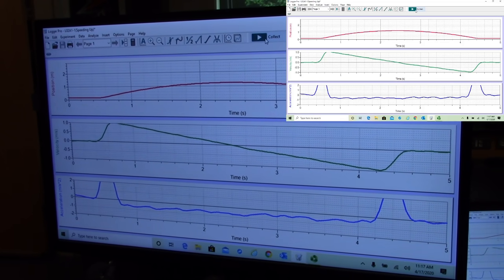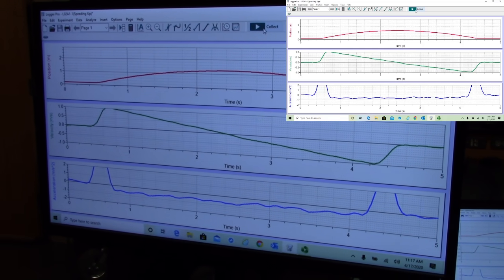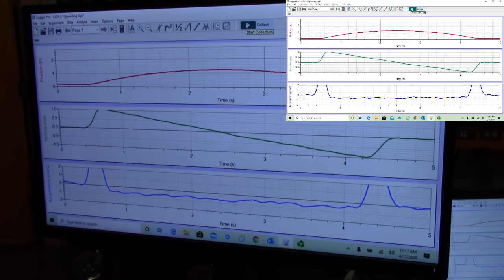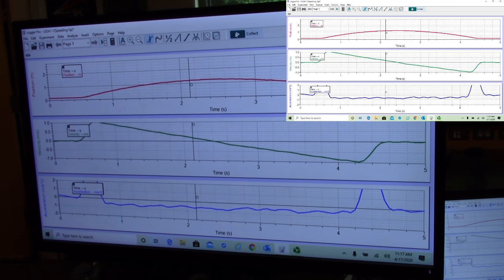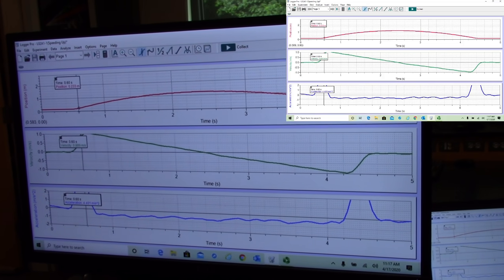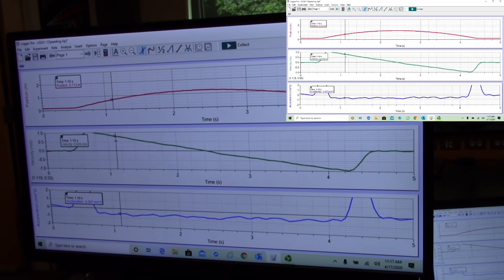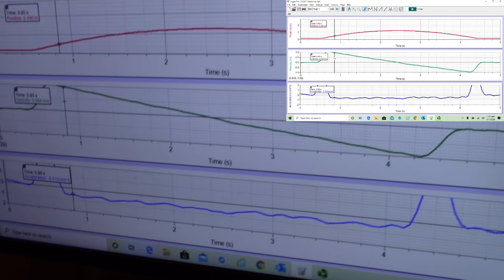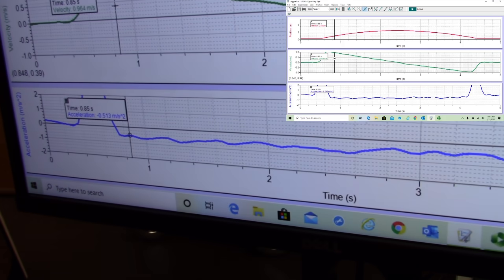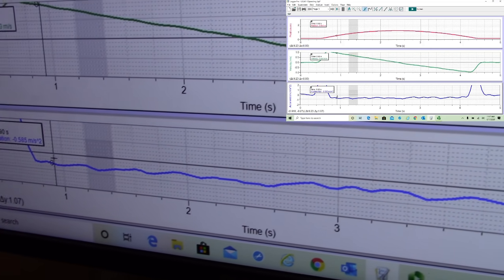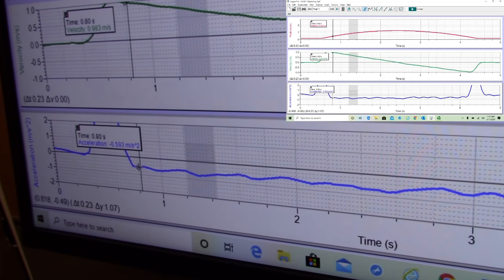Okay, so again, hitting Control E. All right, so notice this time my acceleration is pretty horizontal, around there. We got a touch screen here, didn't realize that.